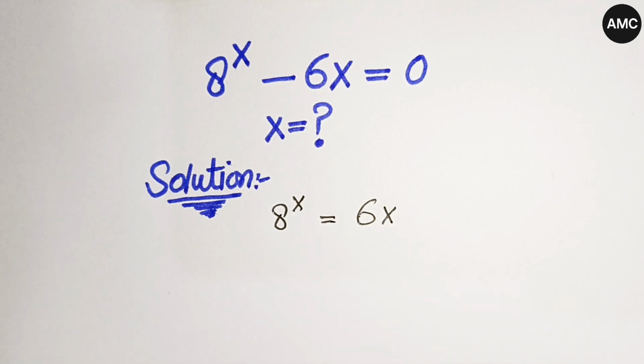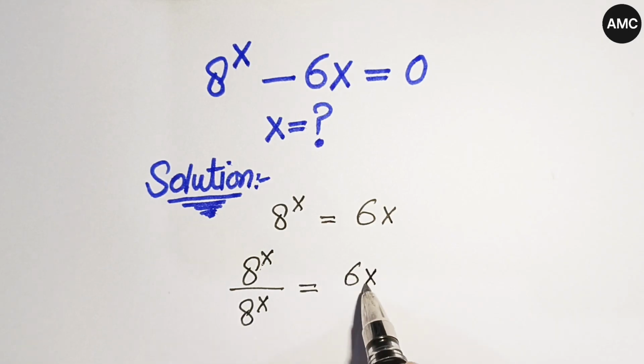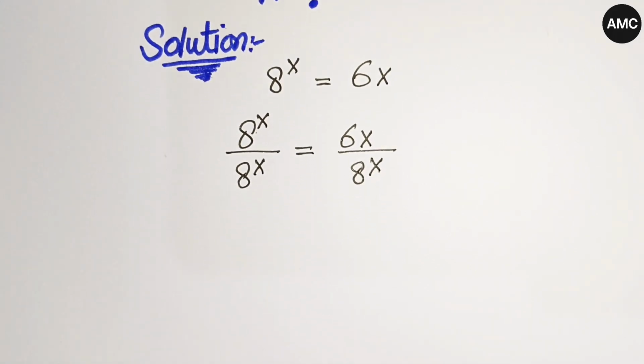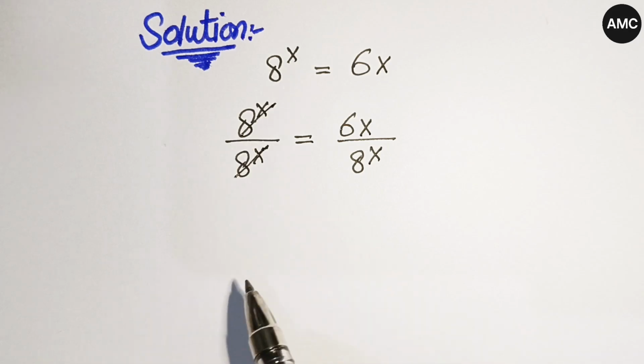It will be positive. So if we divide by a to the power x on both hand sides, it will be a to the power x over a to the power x is equal to 6 times x over a to the power x. On our left hand side, a to the power x cancels out with a to the power x.